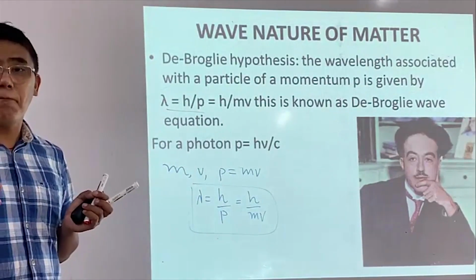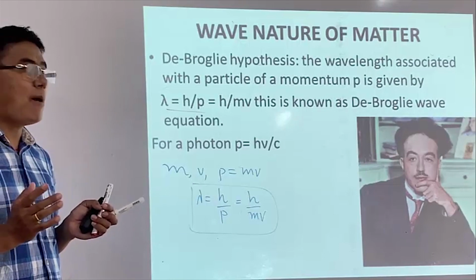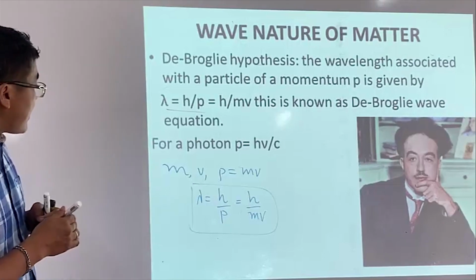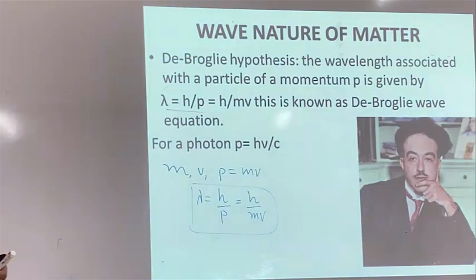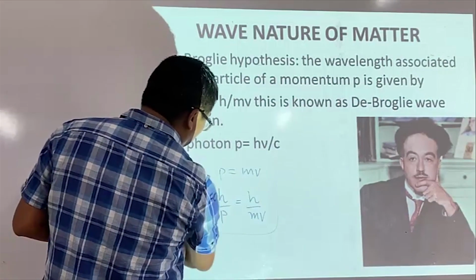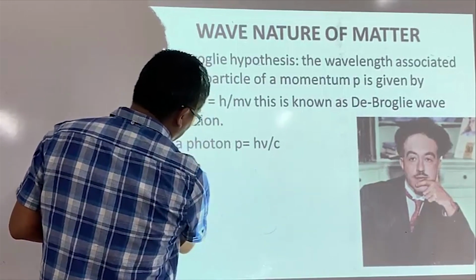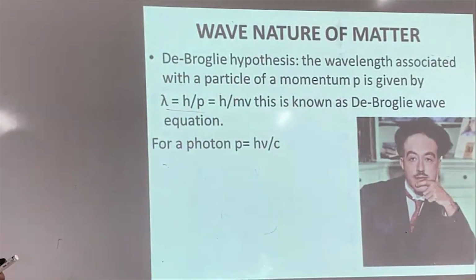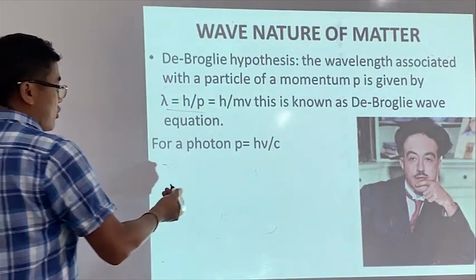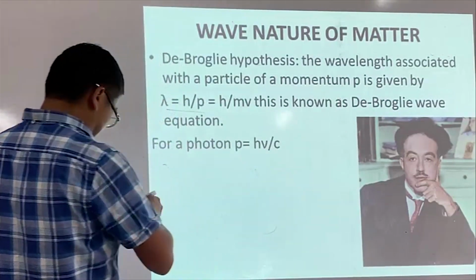This was simply a hypothesis, and then he says that now look at here. When we use this hypothesis and apply it to light, we will be able to reproduce some formulas, right? So this is the momentum of light.